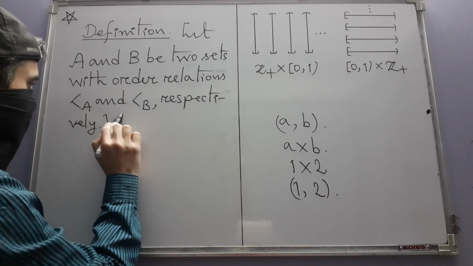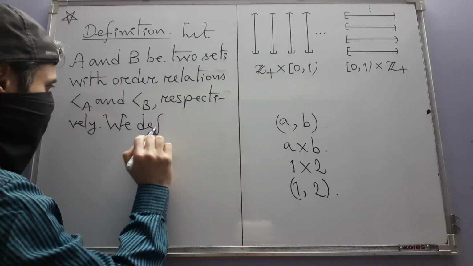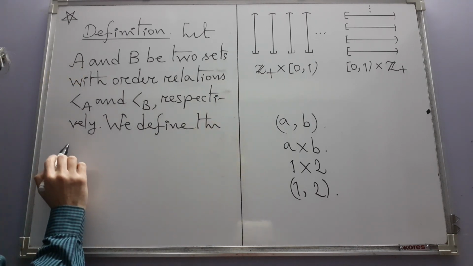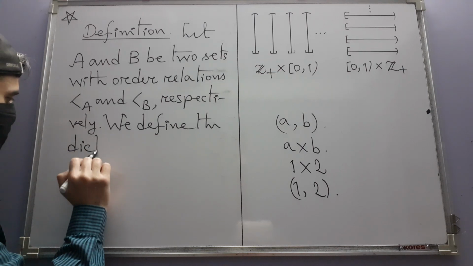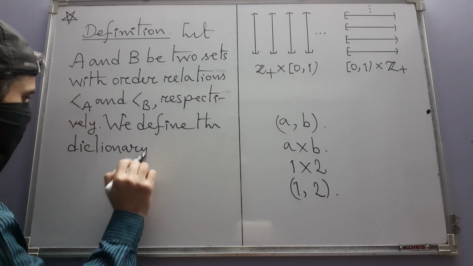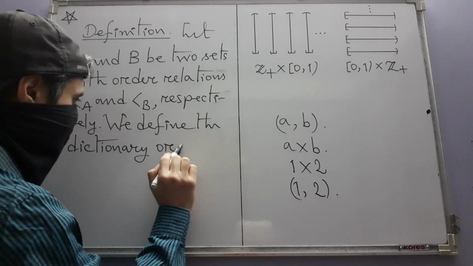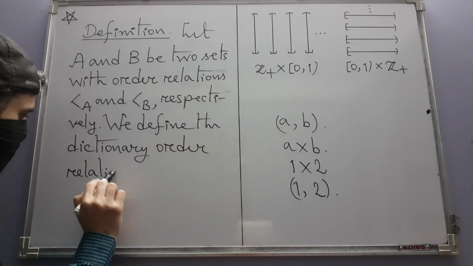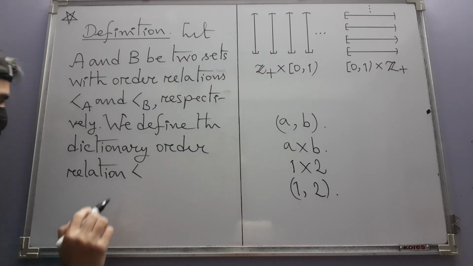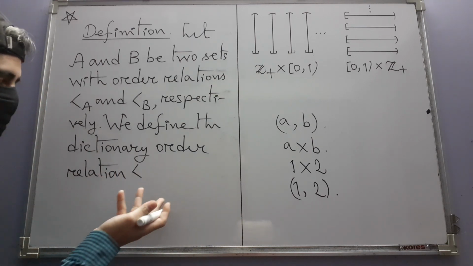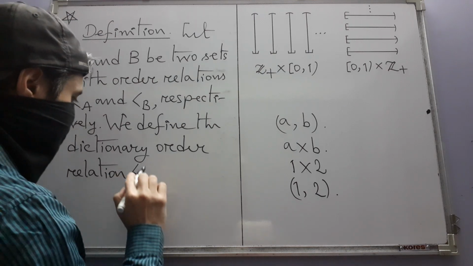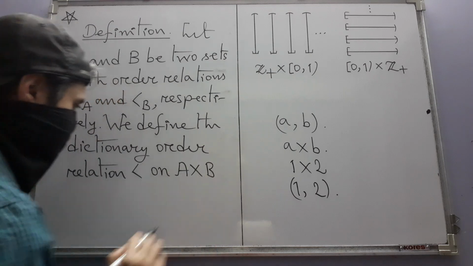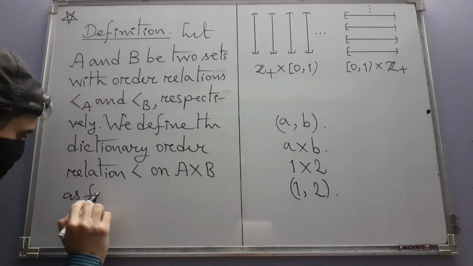We define the dictionary order relation. There is no special symbol for that. We are just simply writing less than on the Cartesian product of A and B as follows.